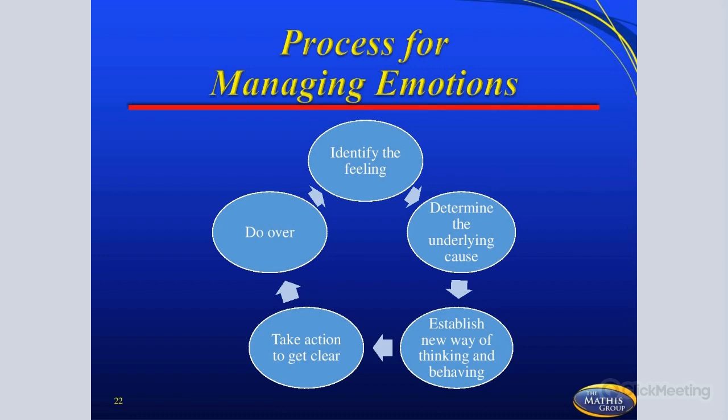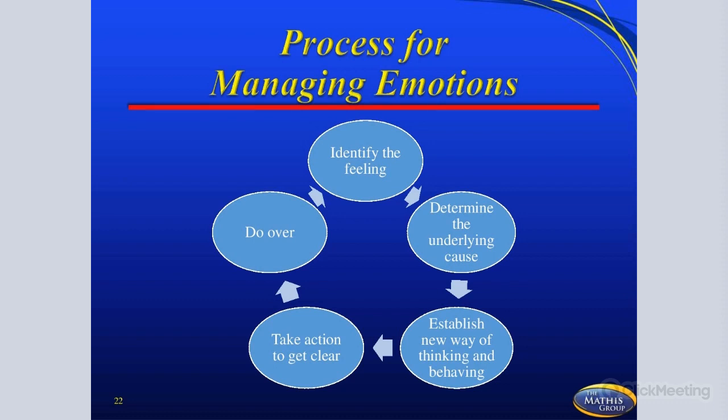Now, what is the process for managing those emotions? One process for managing those emotions is going to be identifying those emotions, identifying those feelings. As you get ready to identify those feelings, that's part of this whole process. That's why I said sometimes it has that ooey gooey feeling kind of thing.